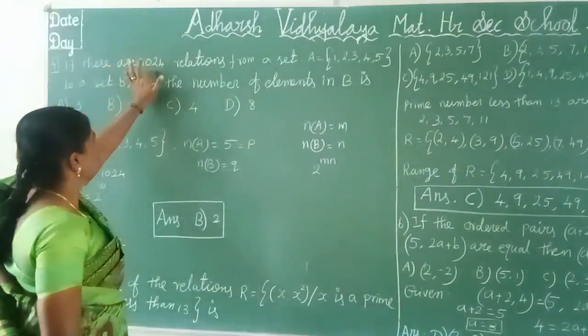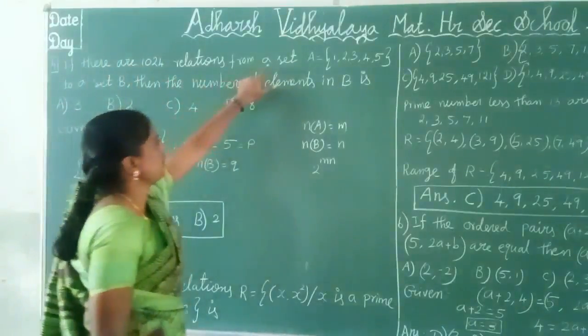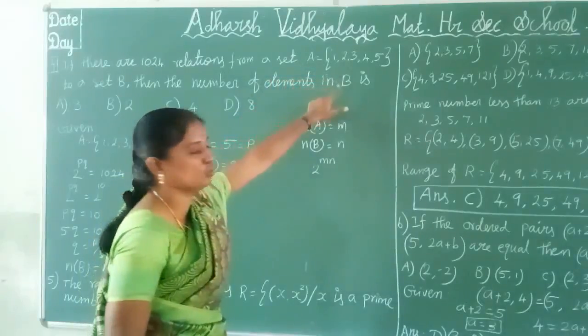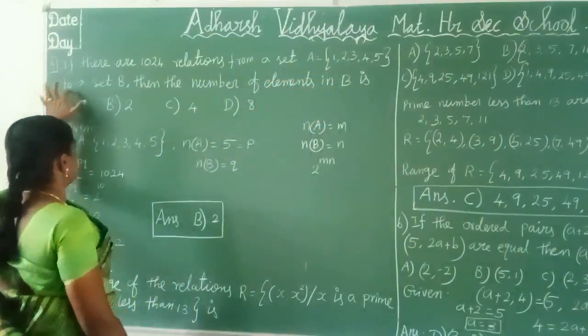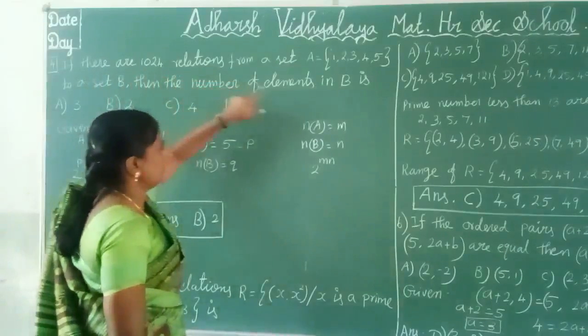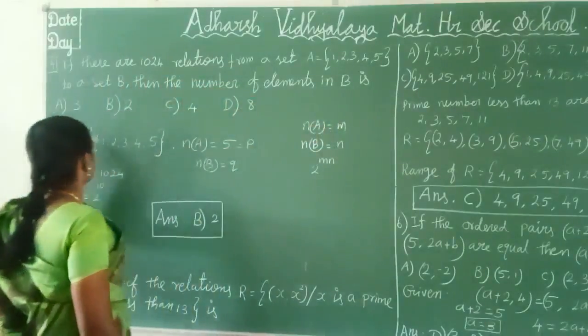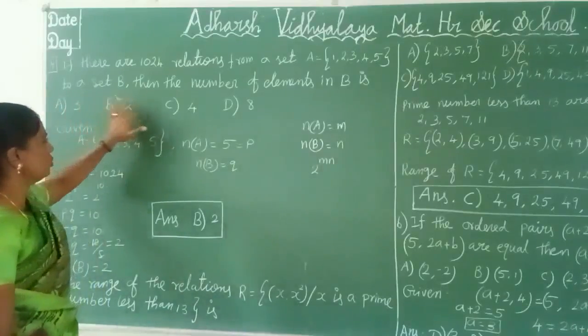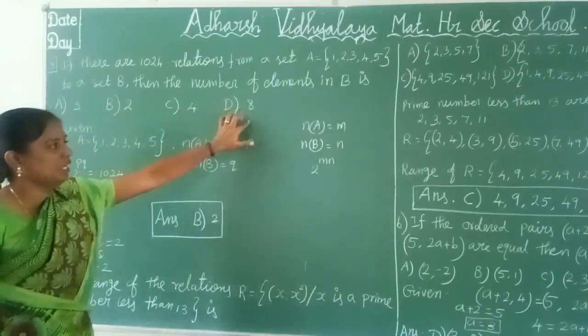If there are 1024 relations from a set A equal to the set of 1, 2, 3, 4, 5 to a set B, then the number of elements in B is: A option 3, B option 2, C option 4, D option 8.